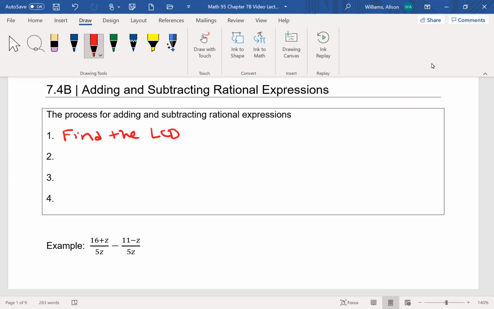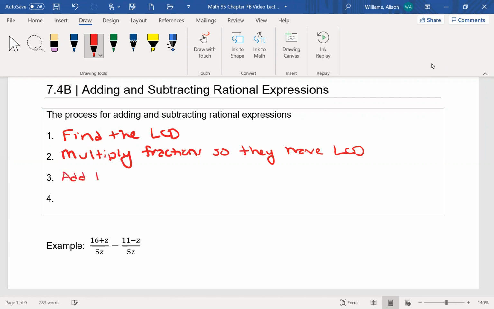Second step is we're going to multiply the fractions so that they have the least common denominator. And when you're multiplying both the numerator and the denominator, you're building the fraction up to have the least common denominator. Step 3, you're going to add the numerators only.